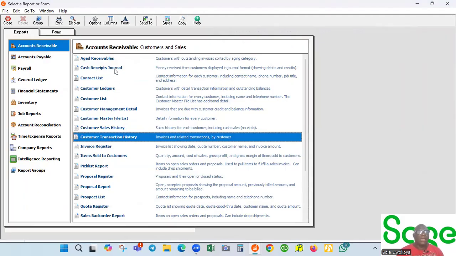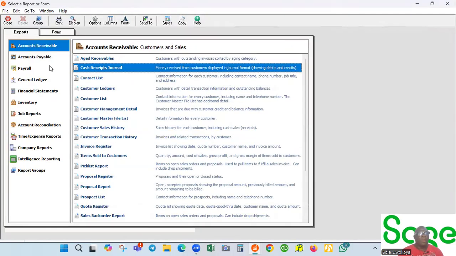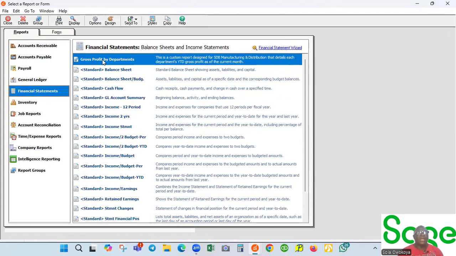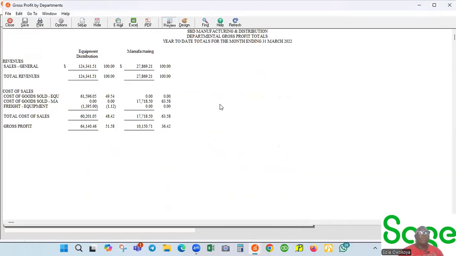Your cash receipt journal, if you are doing daily transactions, you can use it to track your cash receipt journal. Also, you can use it to do your financial statements, where it can show you gross profit per department. You can see gross profit per department.